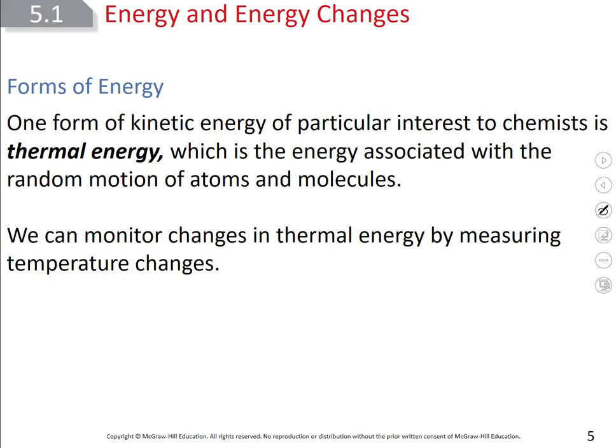Their motion, their vibration, how they are moving around is going to change its temperature. Now we can't see atoms moving around, but we can monitor what they're doing thermally by the change in temperature. So one of these sections in this chapter is going to be all about measuring what's going on in the chemical reaction by measuring the change in the temperature of the surroundings.